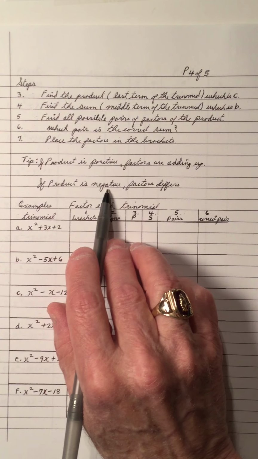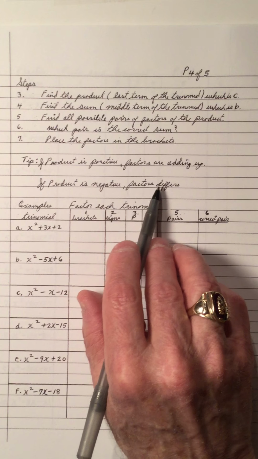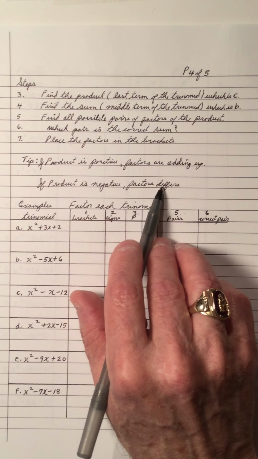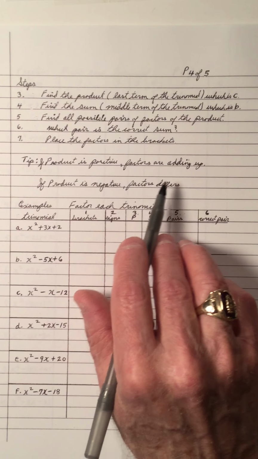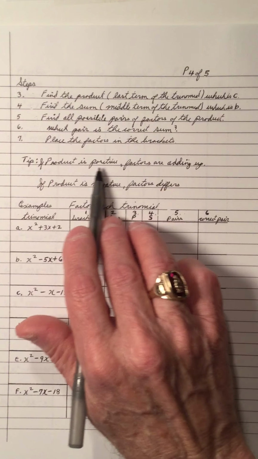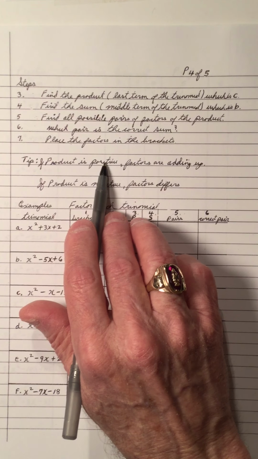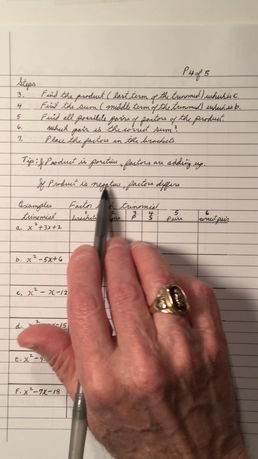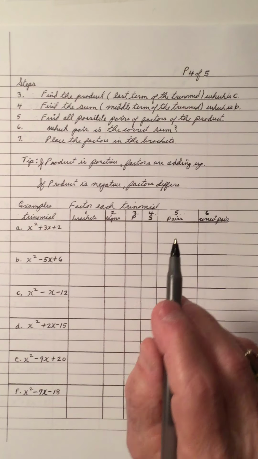But if the product is negative, you have to subtract your factors because they differ. Different signs, you subtract. If the product is positive, you're adding because the signs are the same. If the product is negative, you're subtracting. We'll keep that in mind.